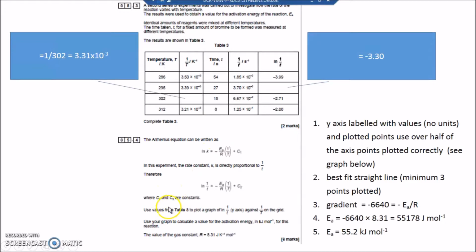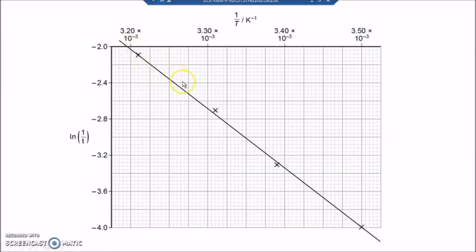It now asks you to plot a graph, with ln 1 over t, which is this one, on the y-axis, against 1 over temperature on the x-axis. It will look a little bit like this.